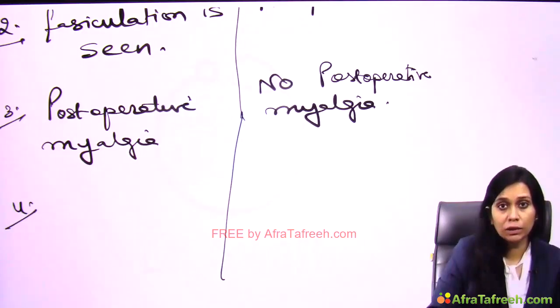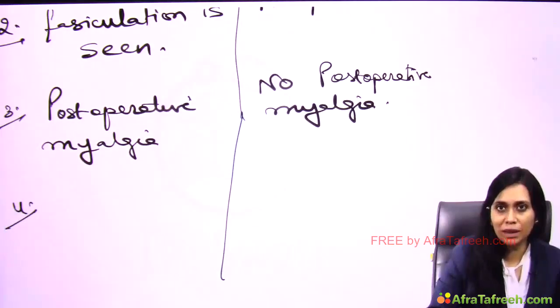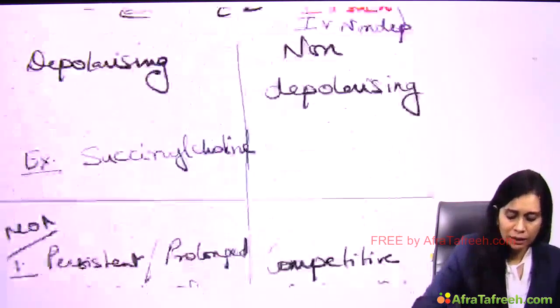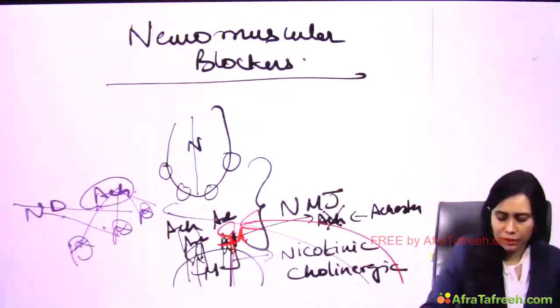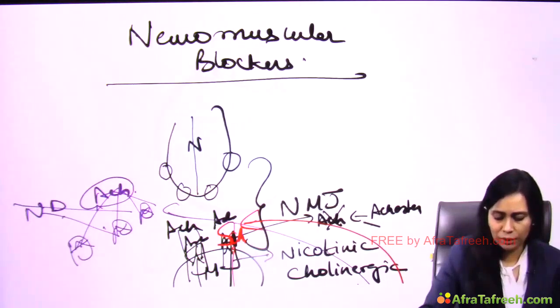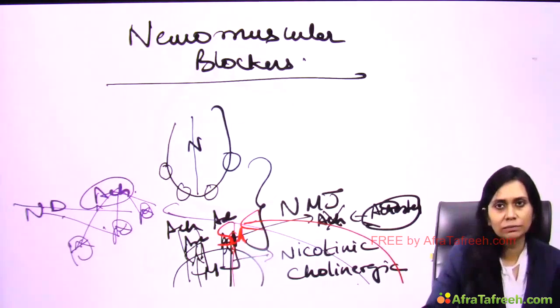Now guys, I told you, if I simply increase the quantity of acetylcholine, I can reverse the muscle paralysis produced by non-depolarizing, not by succinylcholine. See this acetylcholinesterase, which we talked about. This metabolizes acetylcholine. This is a very active enzyme.